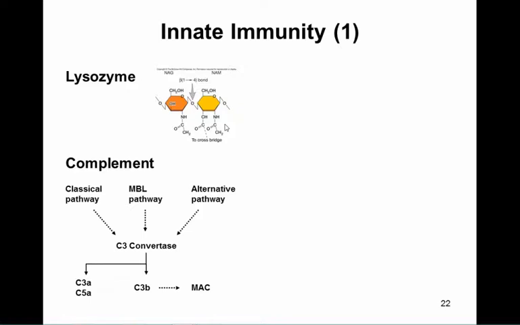The second one is C3b. C3b will covalently bind to the surface of the bacterial cell and will recruit different complement components that form the membrane attack complex, the MAC. The membrane attack complex is going to punch holes, form pores in the outer membrane of the bacterial cell.